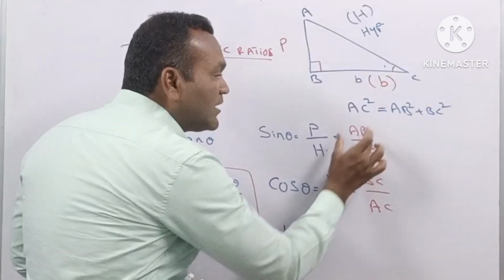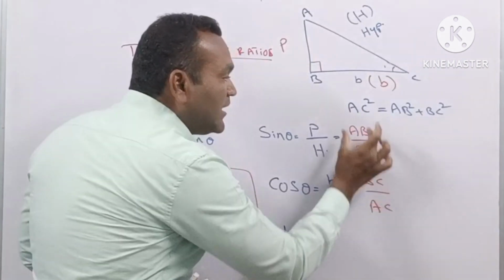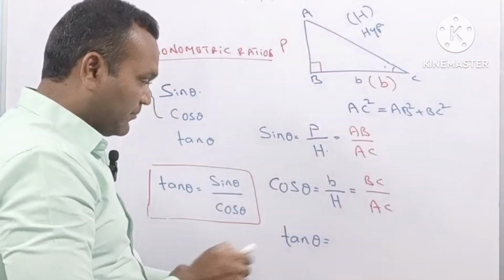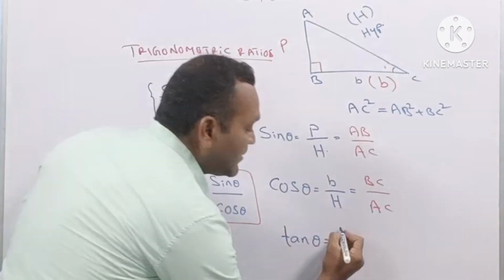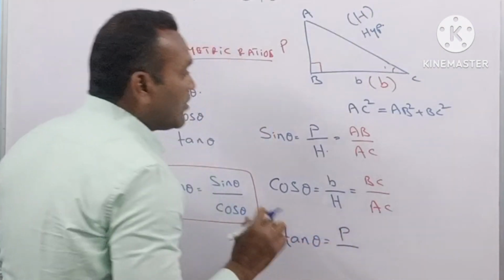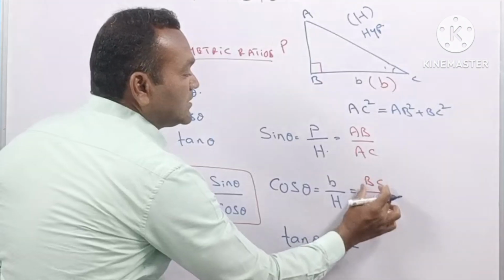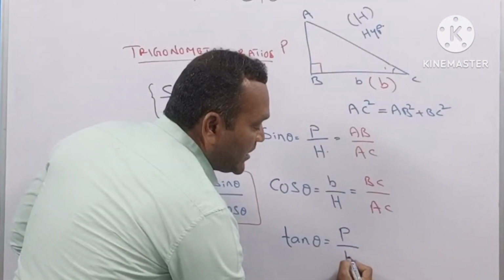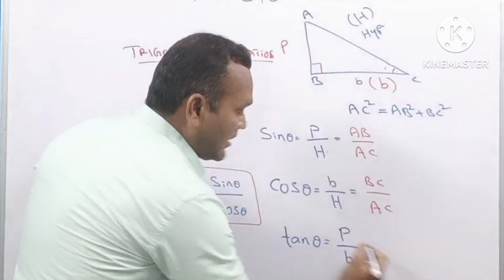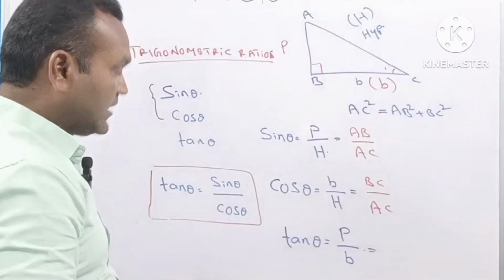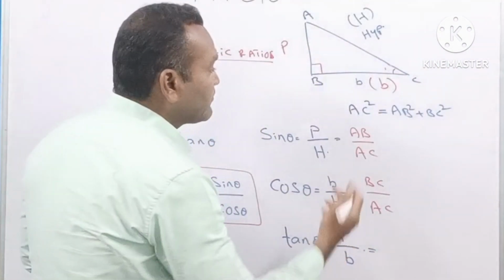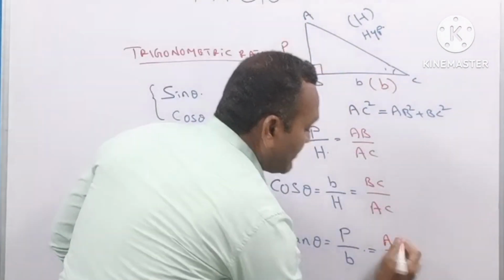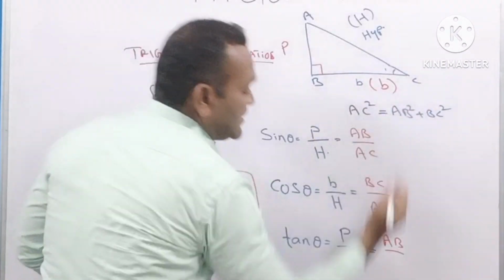What will be the remaining? AB by BC. AB is equal to what? Yes, perpendicular. So here I will write perpendicular upon BC, which is the base B. Or in another way, AB by BC.